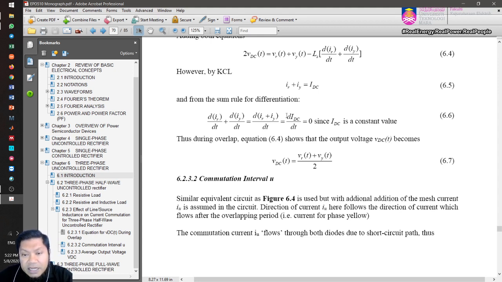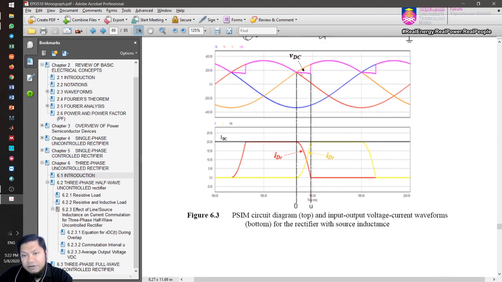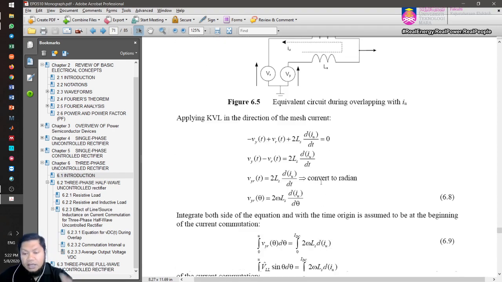Therefore d(IR plus IY) equals dIDC. When you differentiate a constant, you get 0, and therefore this term equals 0. What is left is only VDC equals (VR plus VY) over 2. So if you look at the waveform now, VDC is in the middle between the two waveforms. It's the average of VR and VY. That is proven by this instantaneous equation, equation 6.7.